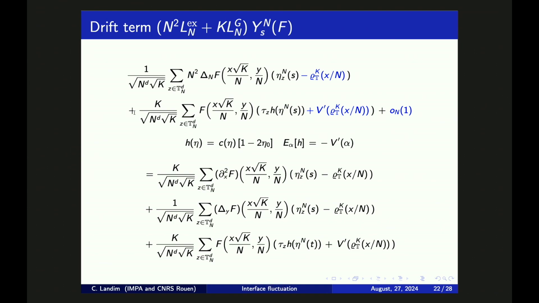So you start computing your drift term. You have a piece which corresponds to the exclusion part and a piece which corresponds to the Glauber dynamics. Here you observe that you have the discrete Laplacian. The discrete Laplacian in the second coordinate will just give you a factor 1.